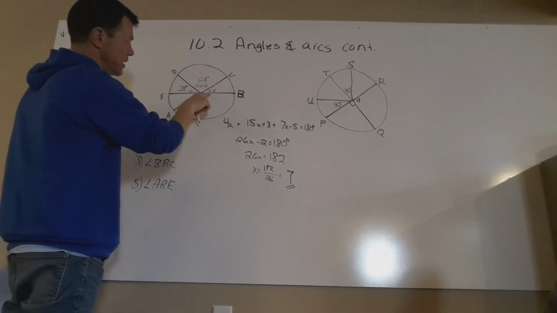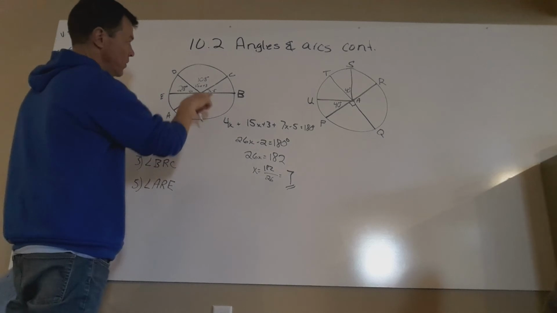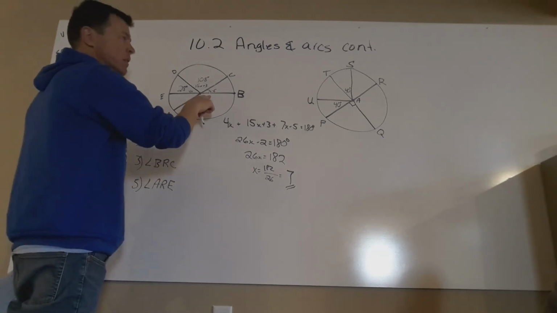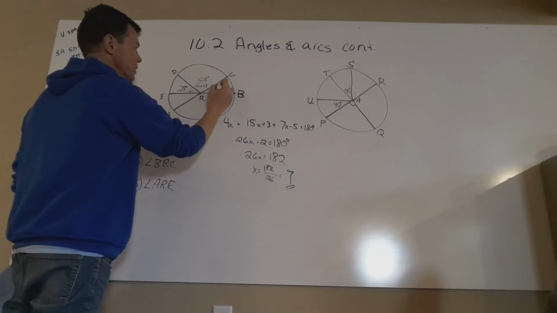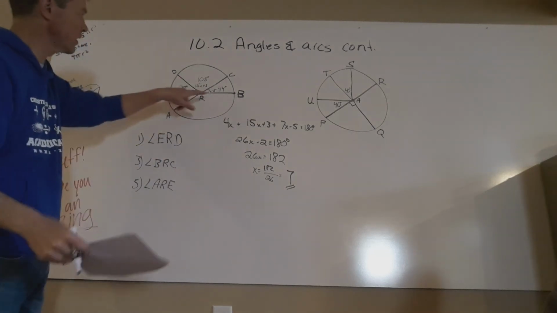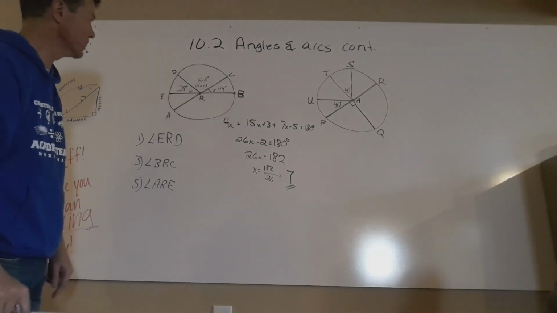Do the same thing: 7 times 7 is 49, 49 minus 5 is 44. All right, those 3 angle measures. If we add these 3 angles together, that should equal 180, and it does.